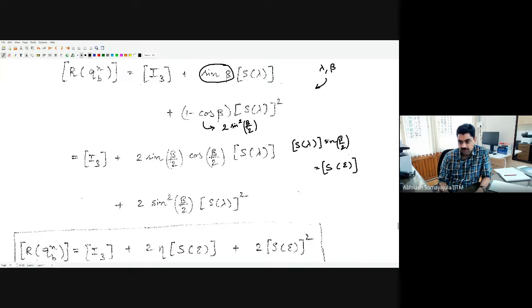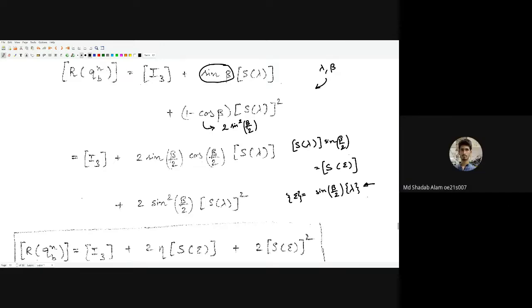Is everybody following me? Because epsilon is nothing but sine beta by 2 times lambda. Everybody with me on this?